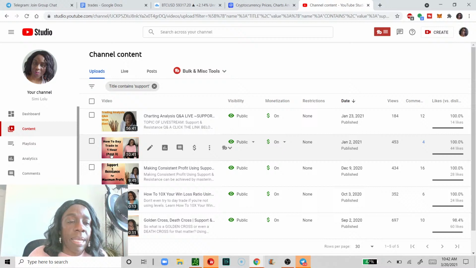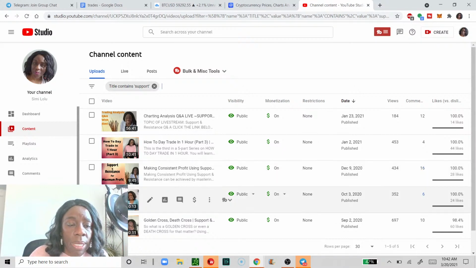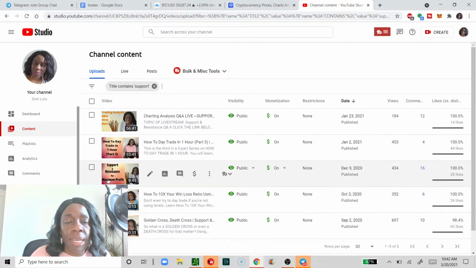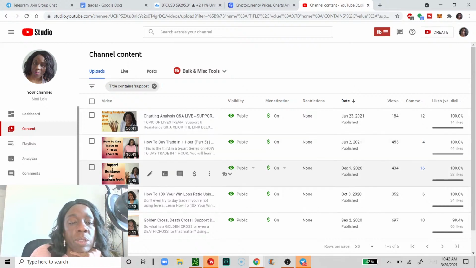I think I have to rename that to say Support and Resistance. Support and resistance for maximum profit, that was December 9. How to 10x your win-loss ratio, October 3rd. Yeah, so I have quite a few. And this one is a more recent one, December 9, support and resistance for maximum profit. Actually, I feel like I republished this one, so this one is pretty recent.